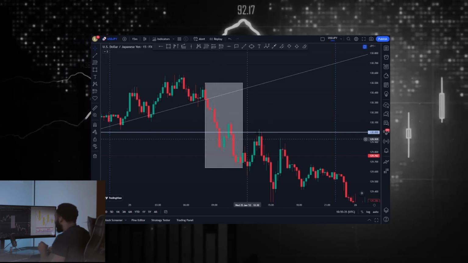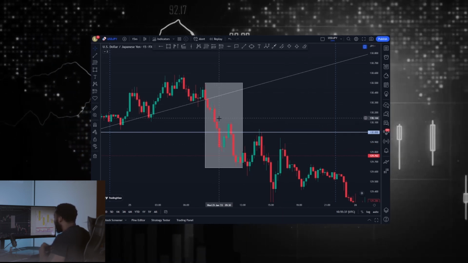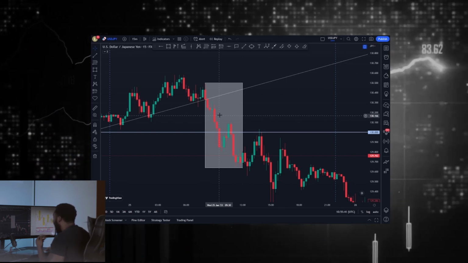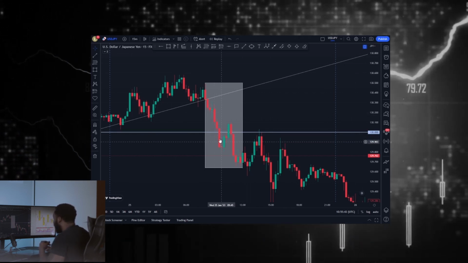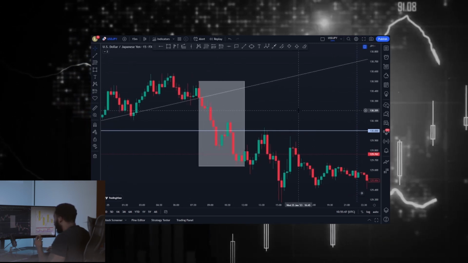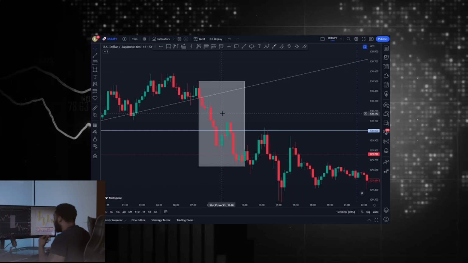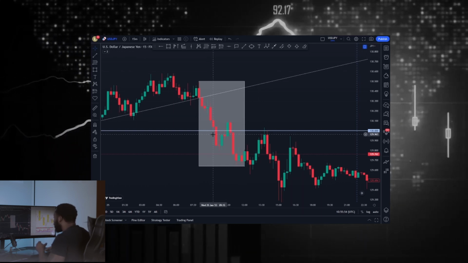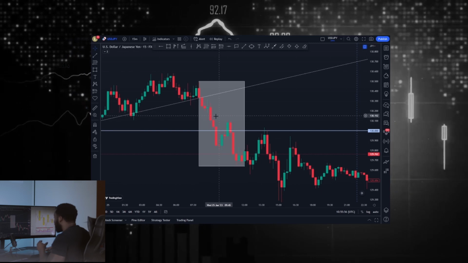What these represent is volume imbalance. I know that those who trade or study ICT call this a fair value gap, where it's nothing but sellers. But in volume, this is volume imbalance, where there are way more sellers than buyers, and buyers couldn't even have the opportunity to step into this market.